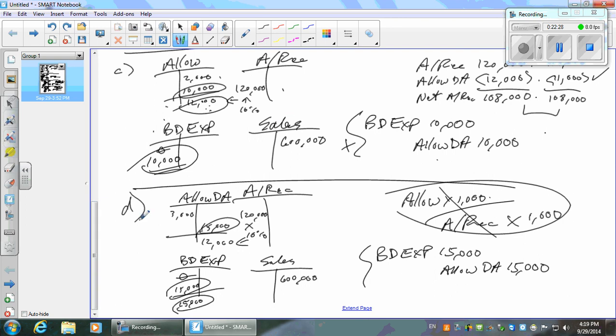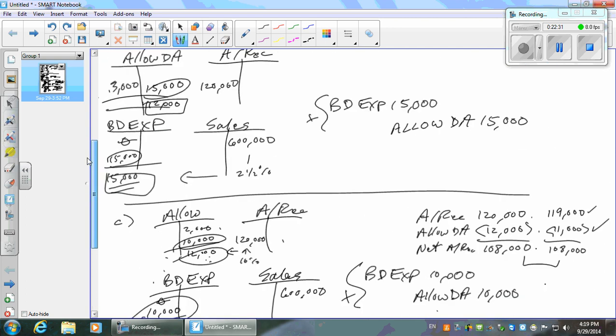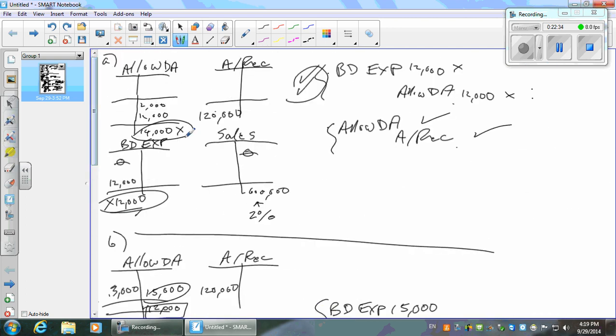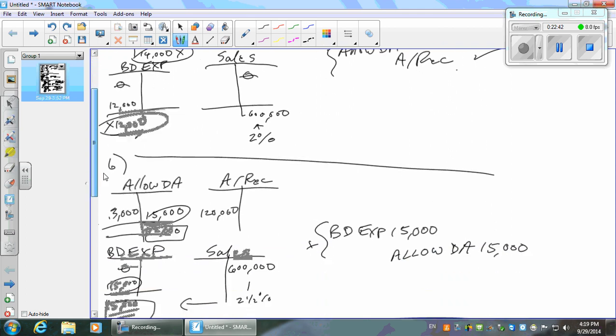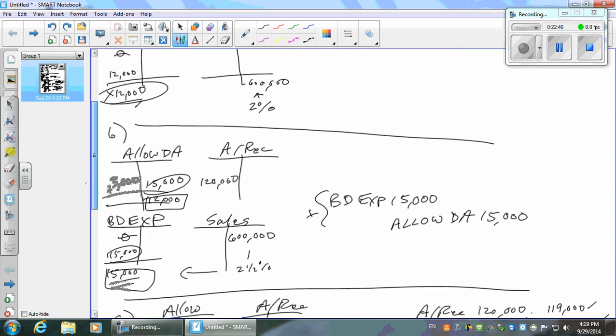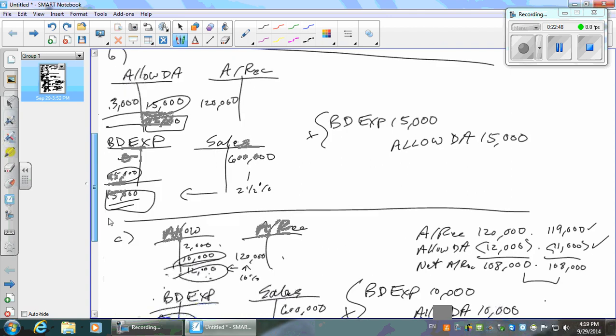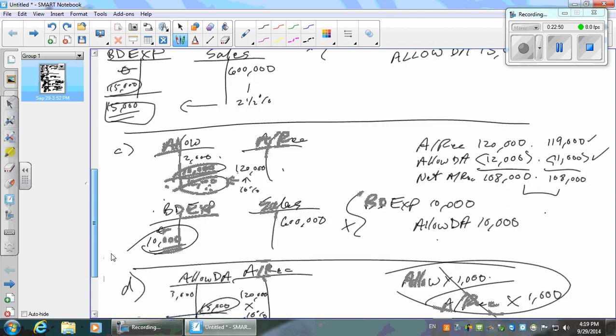You need to put the ending balances, I'm guessing? It asks for ending balance and allowance for doubtful accounts, right? So my answers would have been 14 for allowance for A and 12 for bad debt expense. And then for B, ending balance would be 12 for the allowance. Bad debt expense would be 15. For C, ending balance of the allowance is 12.